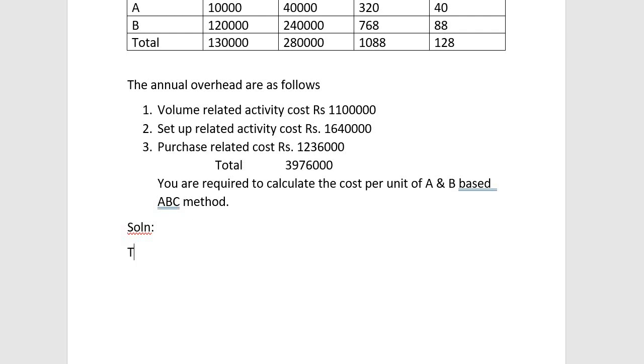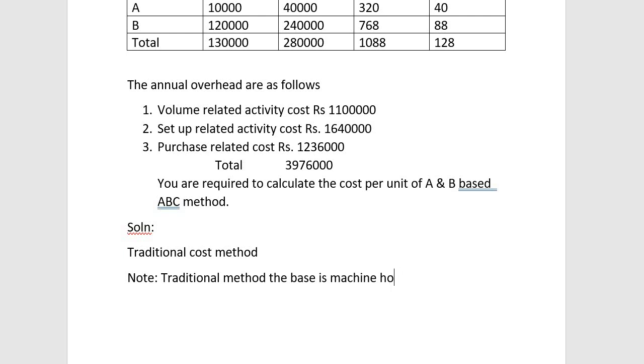Now for your understanding, I am solving the problem for both traditional method as well as ABC method. First is traditional cost method. So you can make a note here. In traditional costing method, the base is machine hours or labor hours.